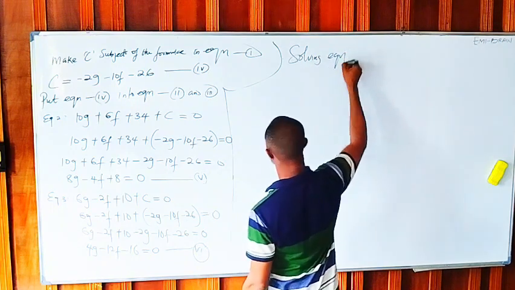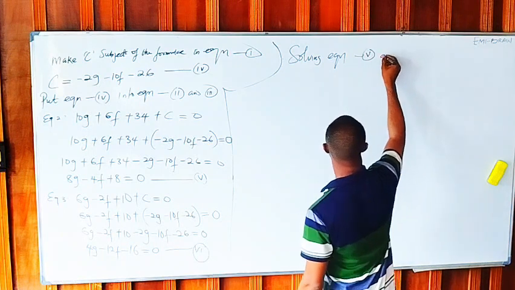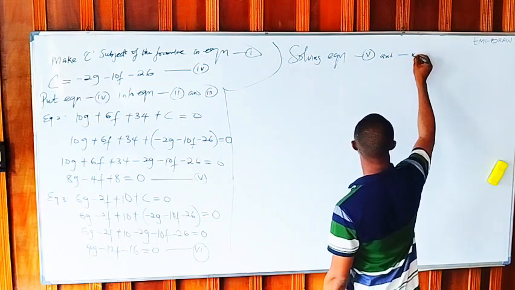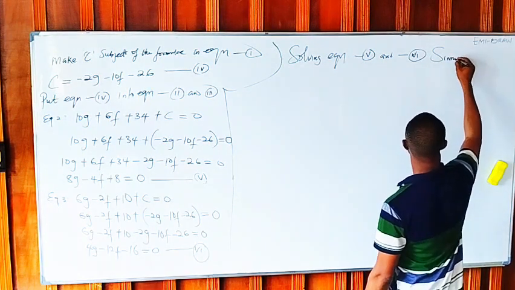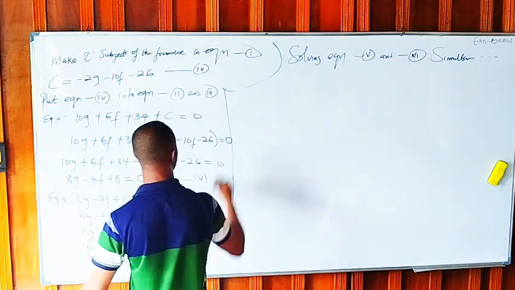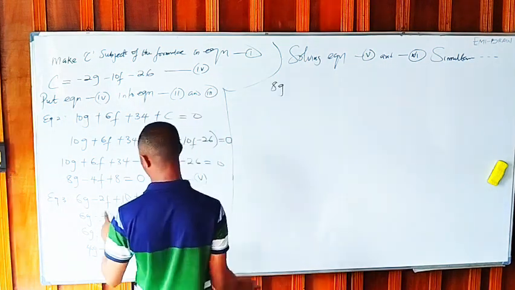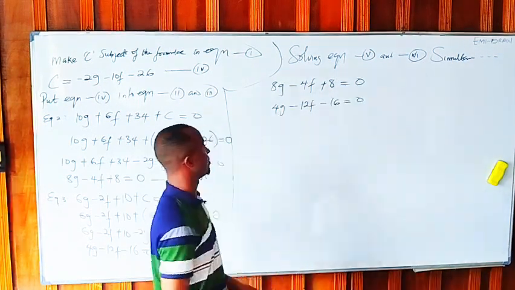Solving equation 5 and 6 simultaneously. 5 says what? Now what do we do?